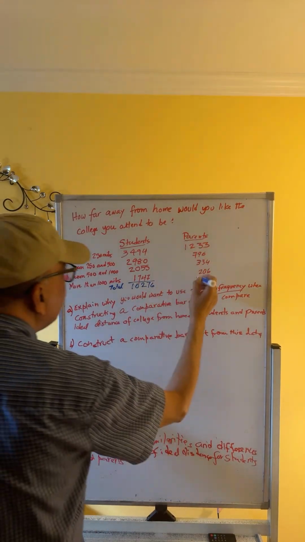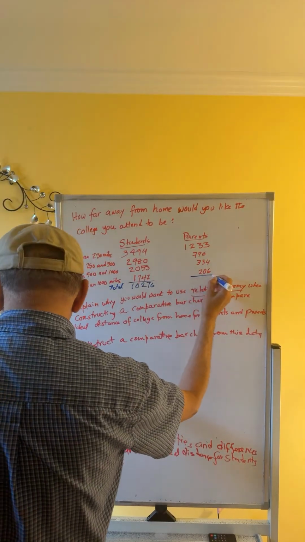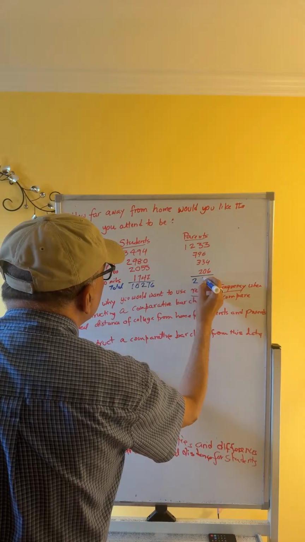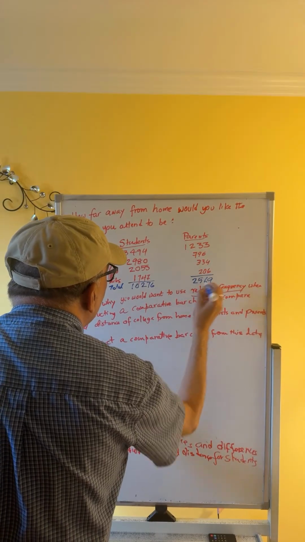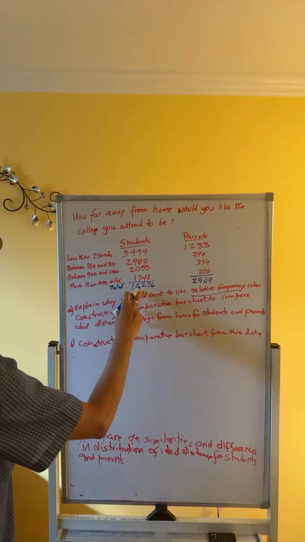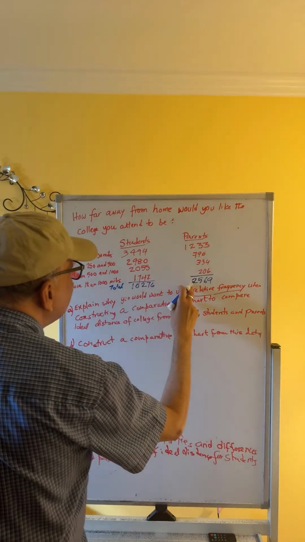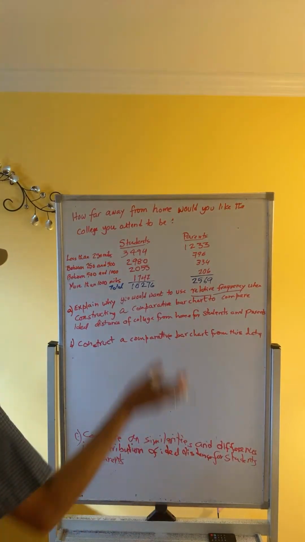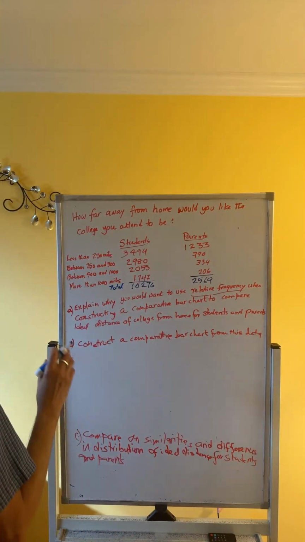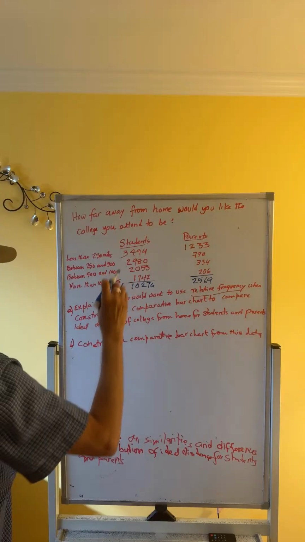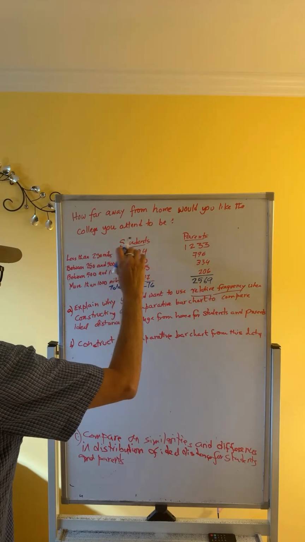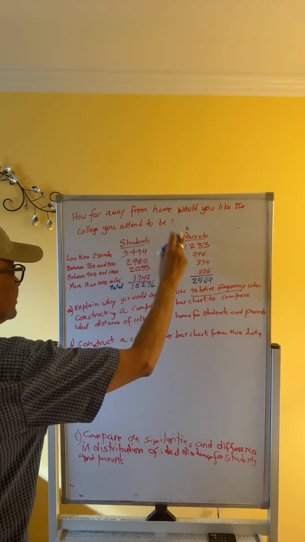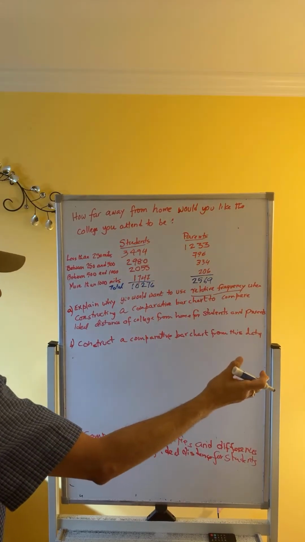And if you add up all the categories for the parents, it is 2,569. The total for students is significantly greater than the parents who participated in the survey. You cannot compare the actual numbers.